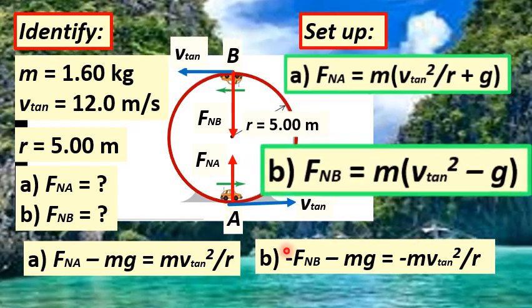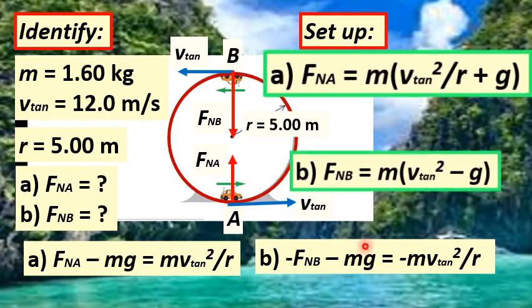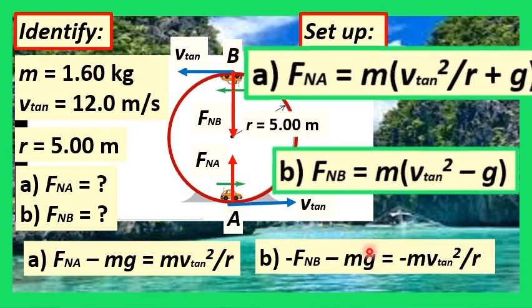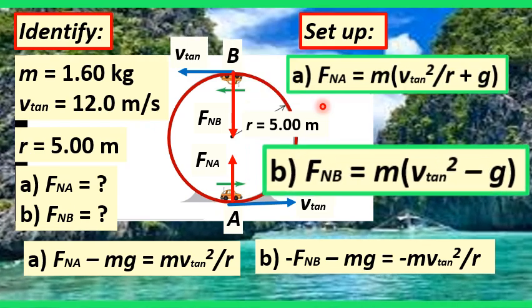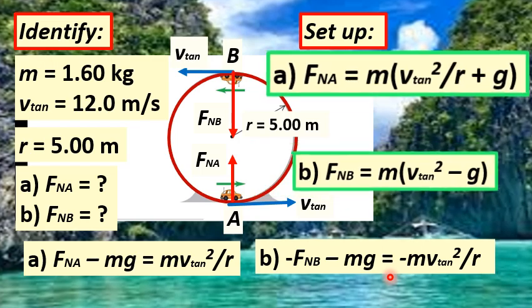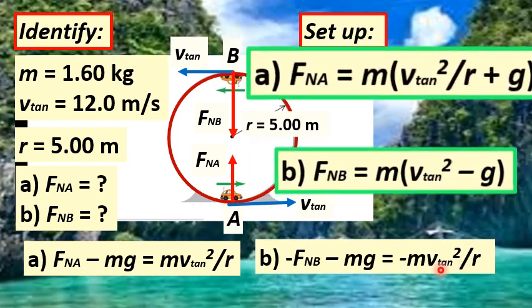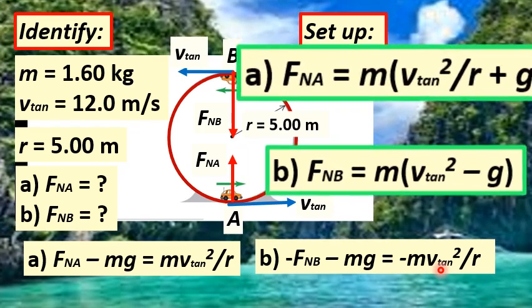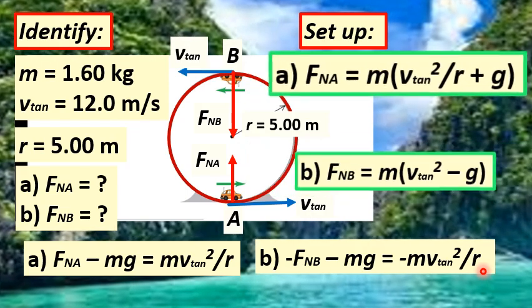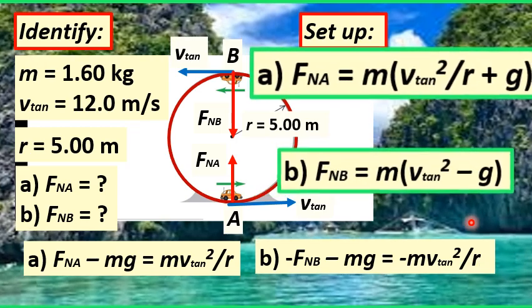So the net force, which is the vector sum of what we call the normal force at point B, F sub NB, and the weight. Since both are directed downward, they're also with negative sign. And that's also true for the centripetal force.